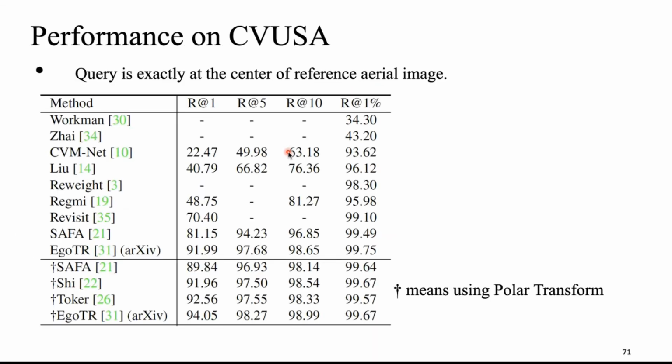We also did the experiment on the CVUSA dataset, in which the query is exactly located at the center of the reference aerial image. Our method is slightly better than the method using the polar transformer. In our case, we do not use the polar transformation, just purely rely on the transformer framework.